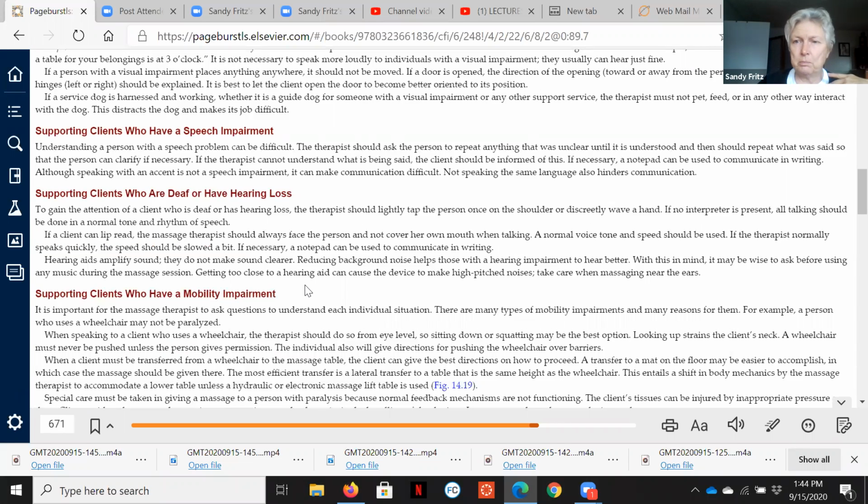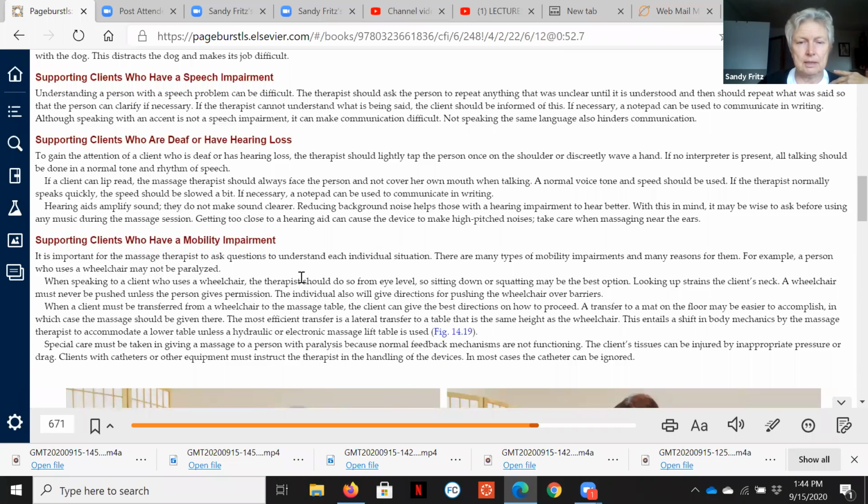And again, here's your mobility impairment. And there's a difference between an impairment and a disability. An impairment, we talked about this in People First Communication.